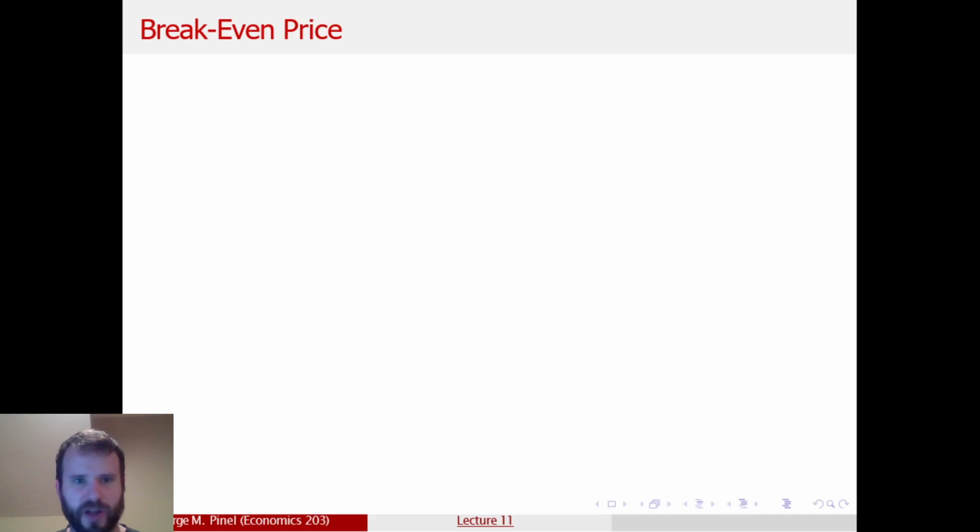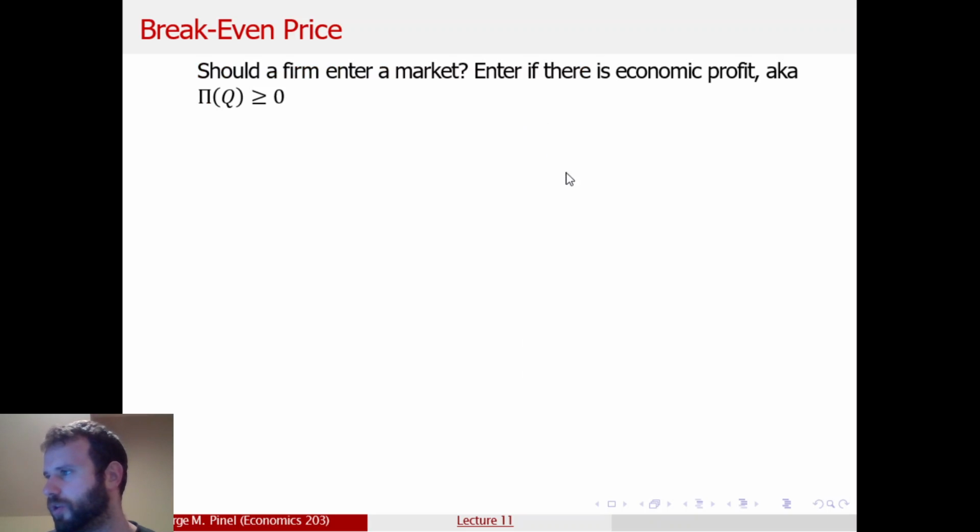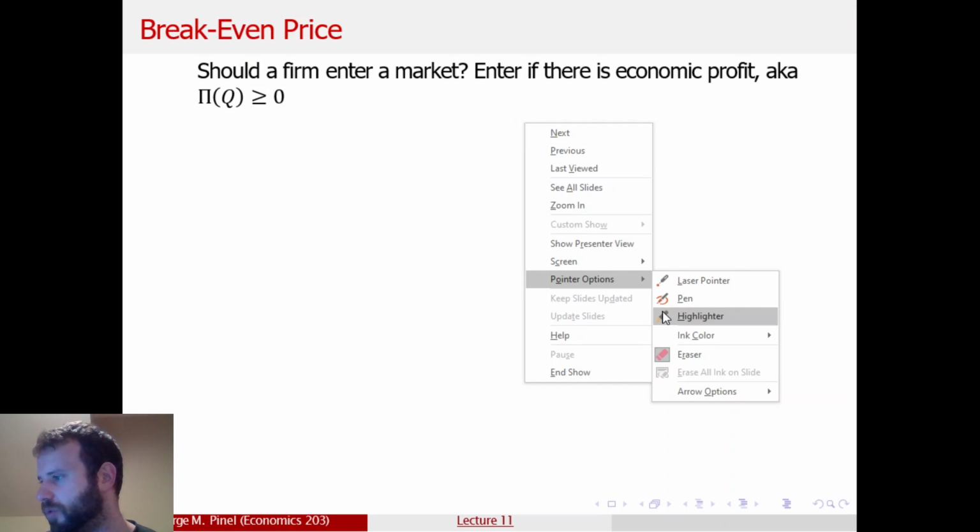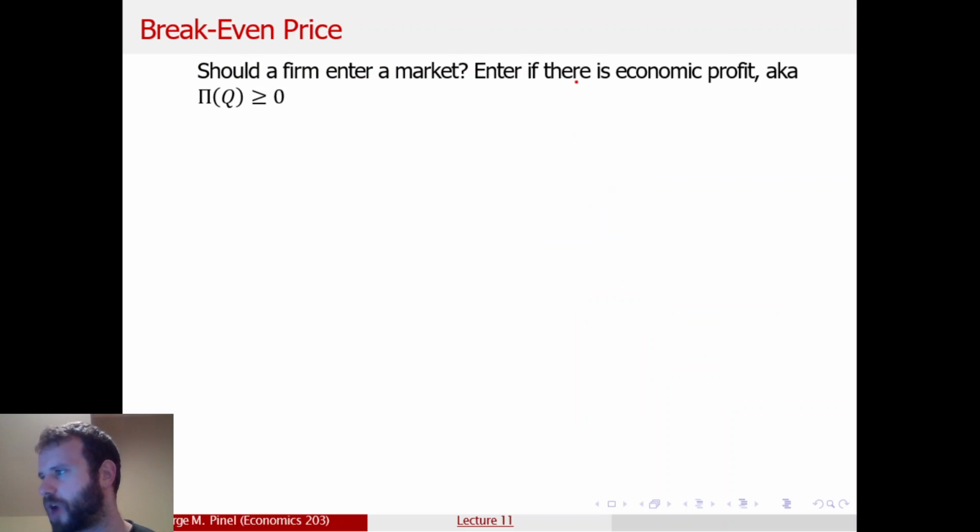But anyway, we'll talk about shutdown in a second. Break-even price, though, is the difference between do you enter or not enter the market, not do you enter or exit. So should a firm enter? Well, you're going to want to enter if there's economic profit, aka if the profit, pi of Q, is greater than zero.